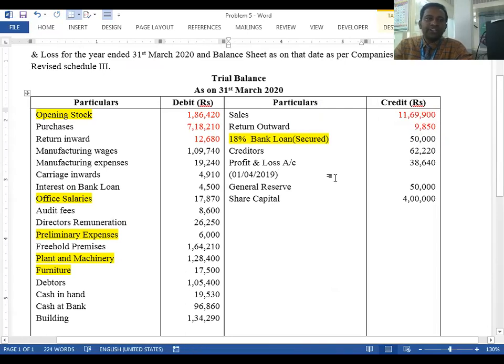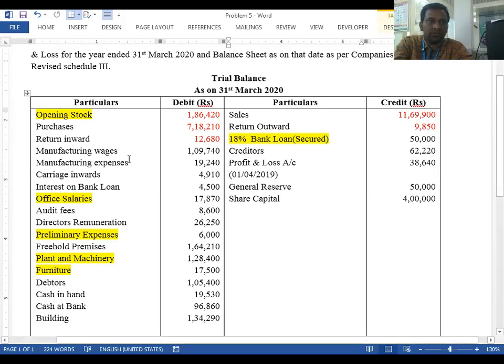Then manufacturing wages. Wages, salary, then bonus, then contribution to staff provident fund. All these items are related to benefit of employees, and that's why such items should be transferred to the employee note, under the notes employee benefit expenses. It is an important note under the profit and loss account.